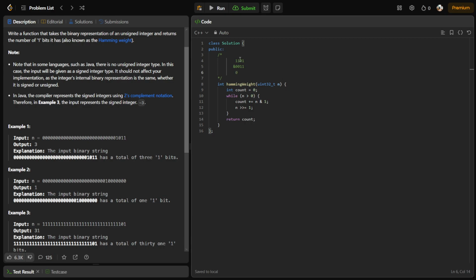If even one of them is 0, for example here, this will become 0 as well. So 0, 0, and then this will be 1.